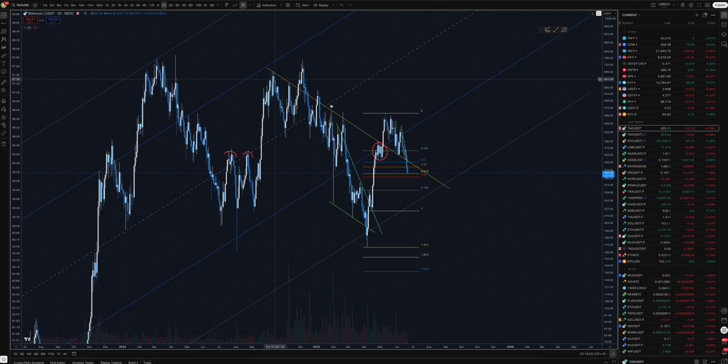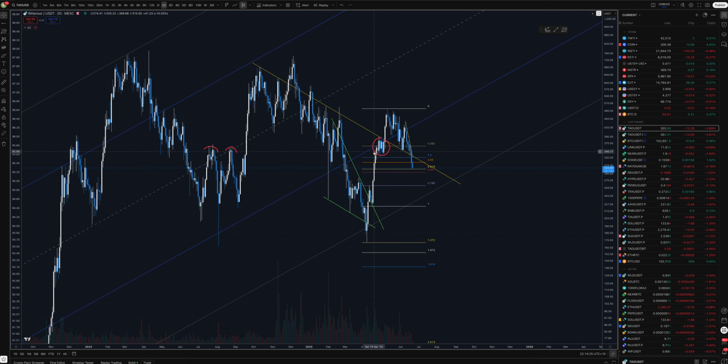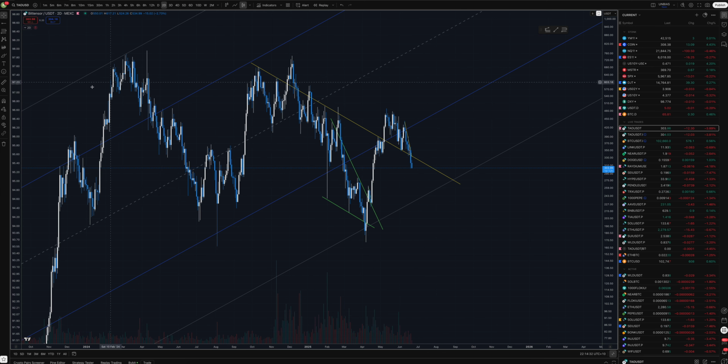BitTensor has broken down from this trend line, has massively rejected off the full extension 0.618 to 0.65 region, and it is trending back into the golden pocket of the range that it started from here to here, right? And something about BitTensor is that there is a fractal that has been repeating itself.